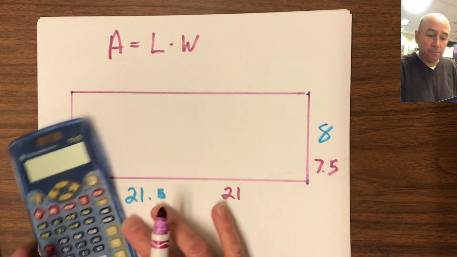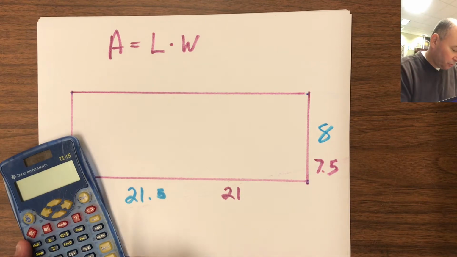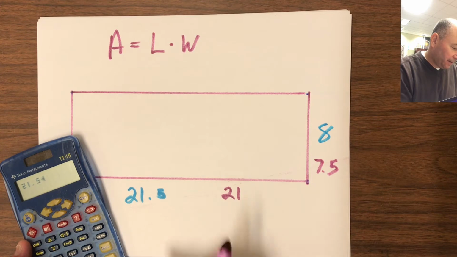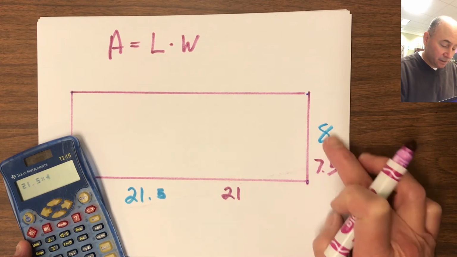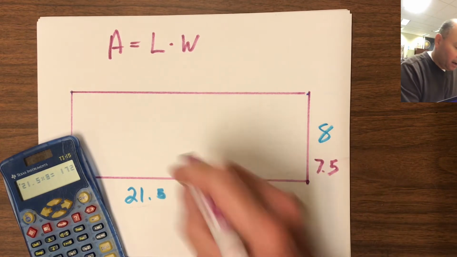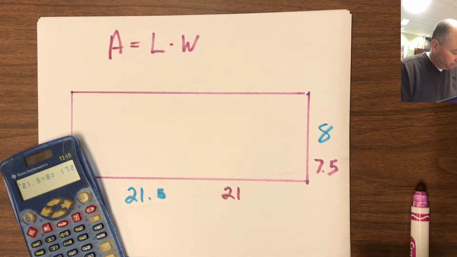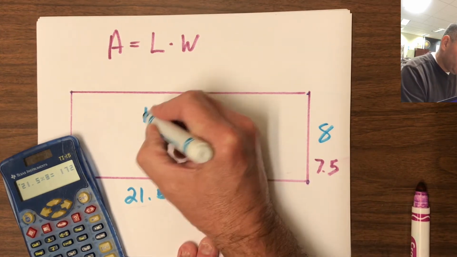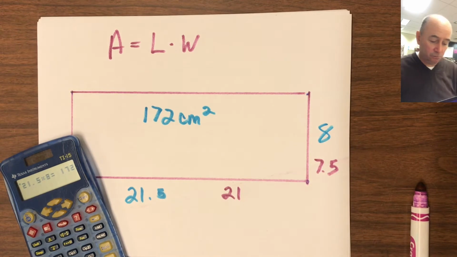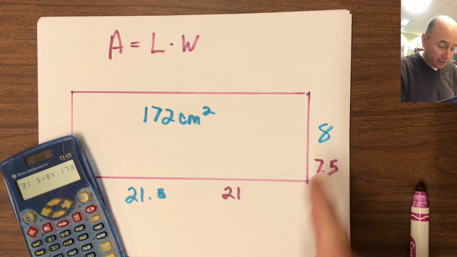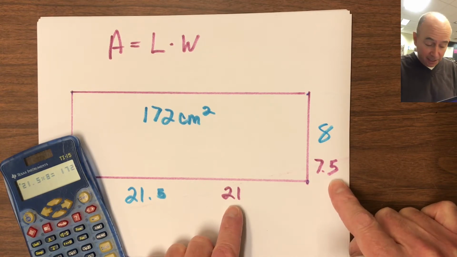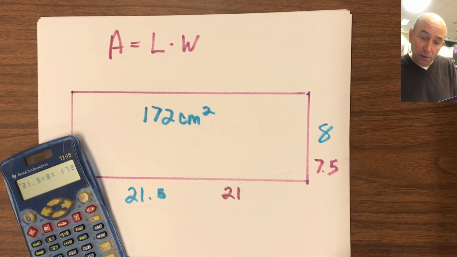So watch what happens when we find the area, okay? For the first one, I'm simply going to take 21 5/10 times 8. And watch the area we get. We get an area of 172 square centimeters, which is right because we multiplied the length times the width. Now we're going to use the measurements that somebody else might have taken, which are slightly smaller, okay?